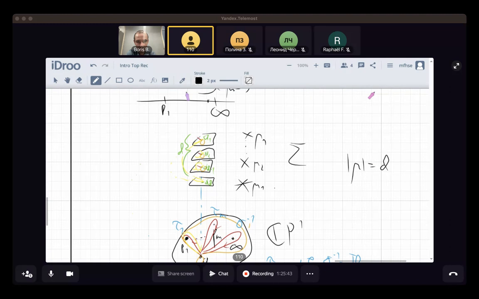But then, if there are some automorphisms of your covering, they will correspond to the same answer on the combinatorial side. And that's why you have this 1 over the number of automorphisms on the geometric side.